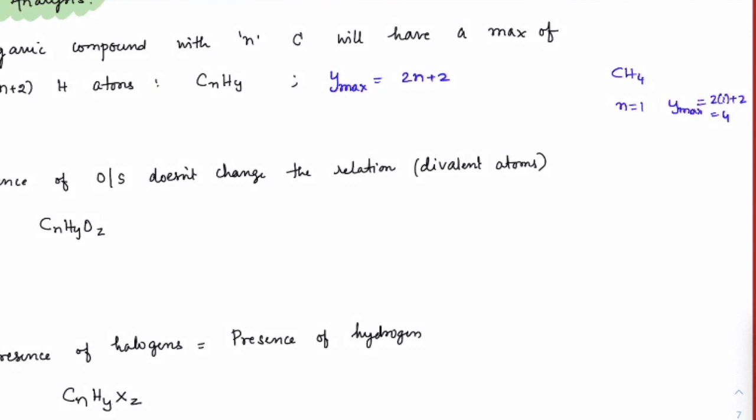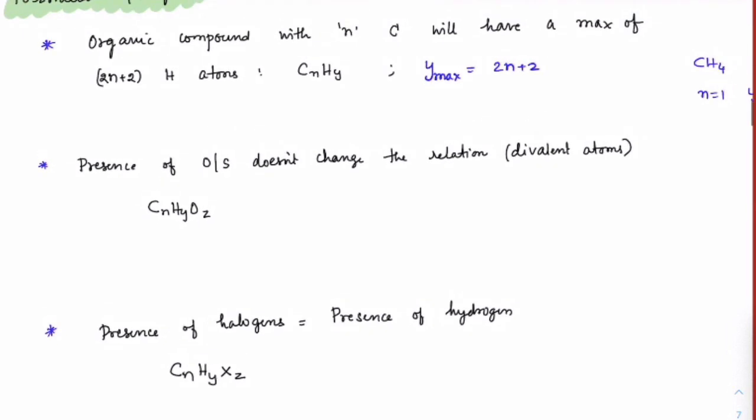So all alkanes have the maximum number of hydrogens. Now suppose the molecule has oxygen or sulfur. Then it does not change the relation of carbon and hydrogen. It would still be the same, which means H max will still be equal to 2n plus 2. I'll show you an example.